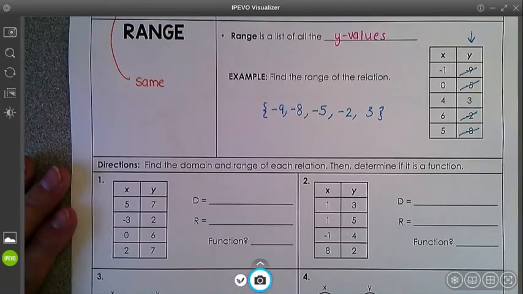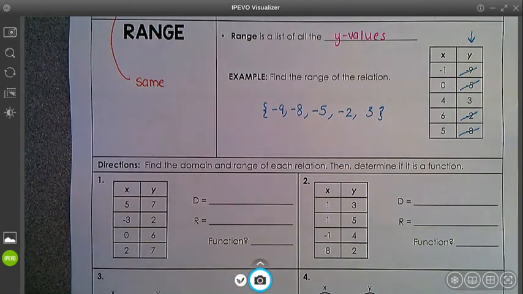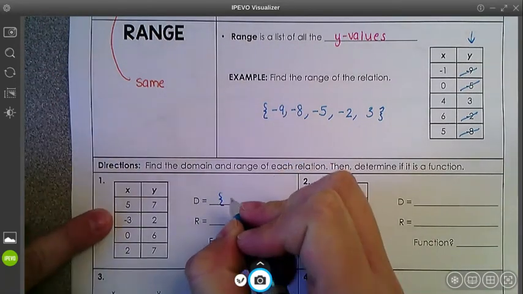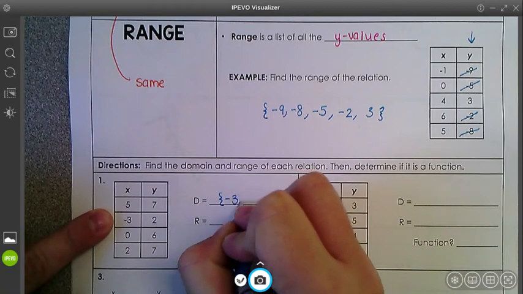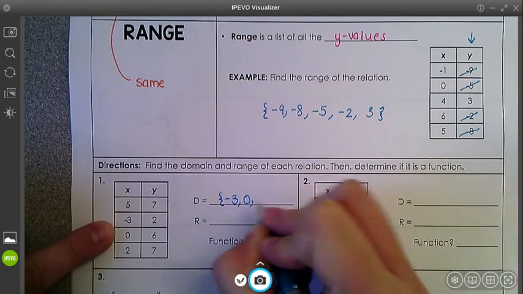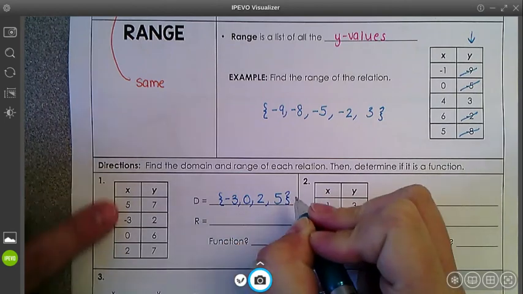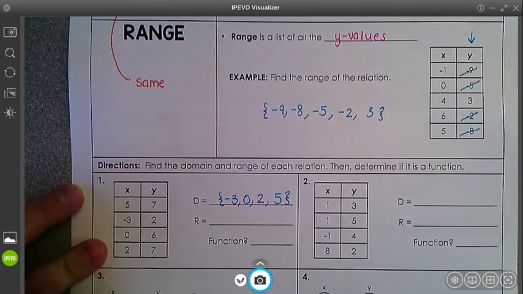So let's look at example number 1. We're going to list out the domain and the range and then say if it's a function or not. So the domain, all of our x's, -3, 0, 2, and 5. Remember, we list them from least to greatest.